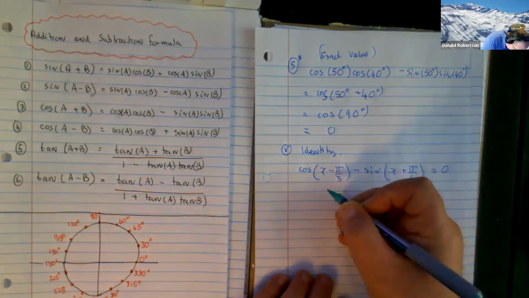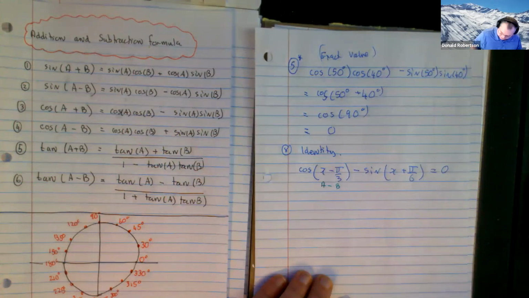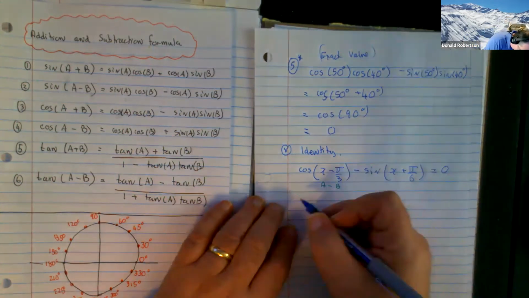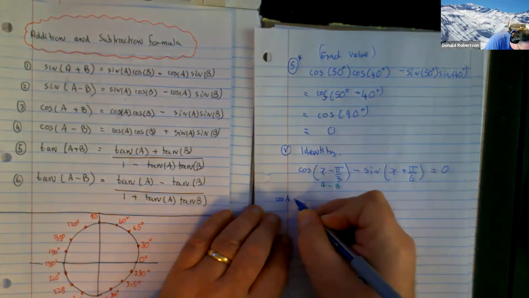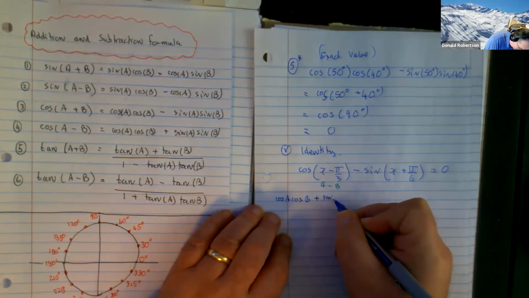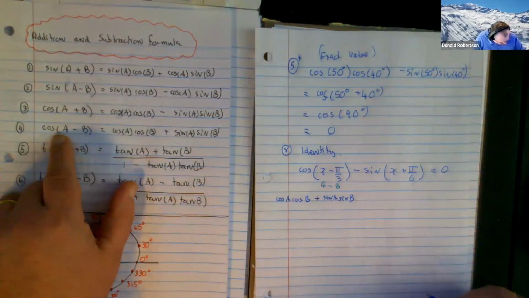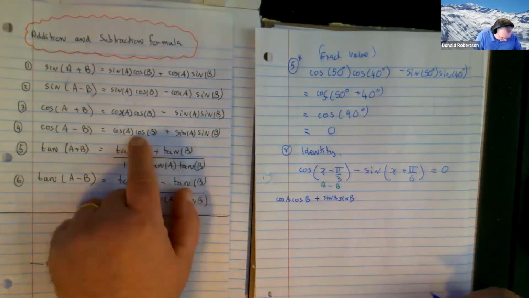So if you think of this as being A take away B, then what you're going to get is the cosine of A cosine of B plus sine of A sine of B, because when you do a cosine of two things subtracted, you add the bits.